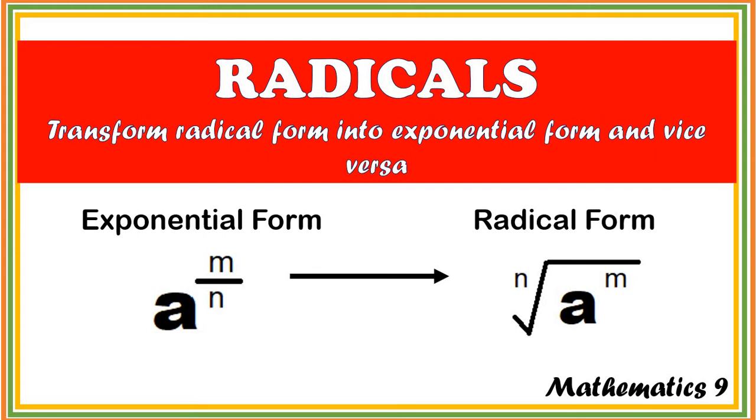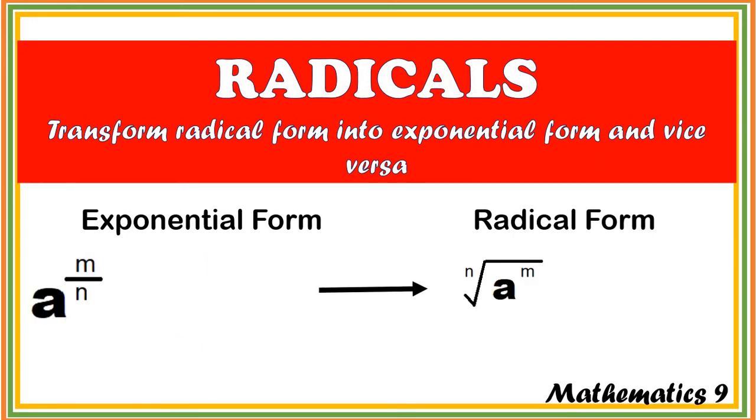Let's go on first in transforming exponential form into radical form. So we have a raised to m over n in exponential form, while nth root of a raised to m is in radical form. Example. In exponential form and radical form, you will not be so confused because we only have three characters: the a, which is the base, m, which is the exponent, and n, which is the index.